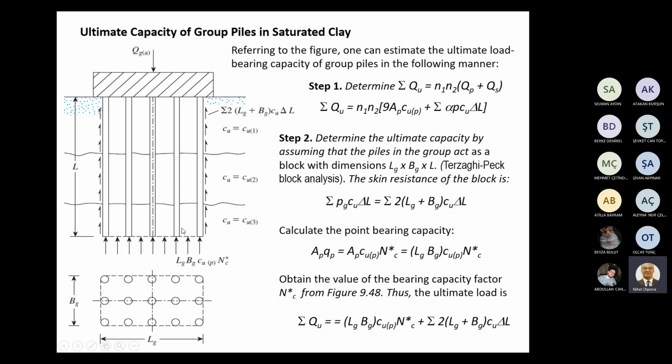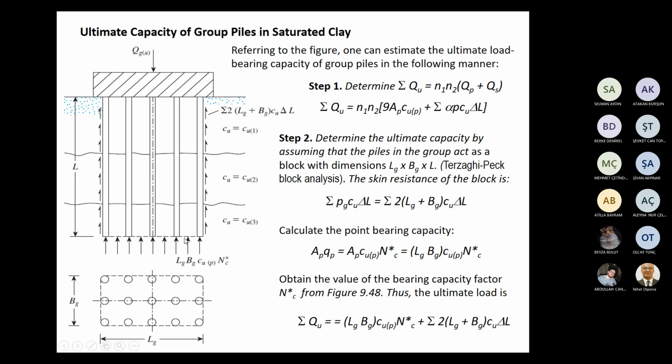So in step 2, the skin resistance of the block will be equal to side area, actually (LG plus BG) times 2. What does it mean?